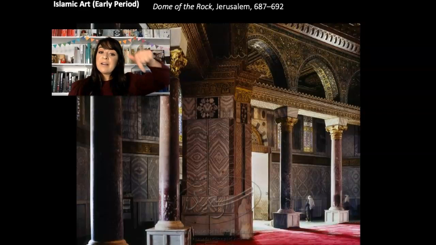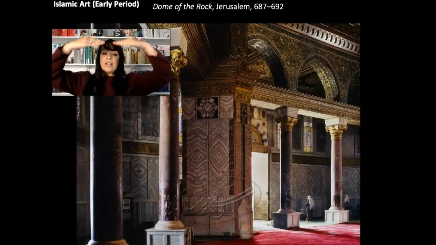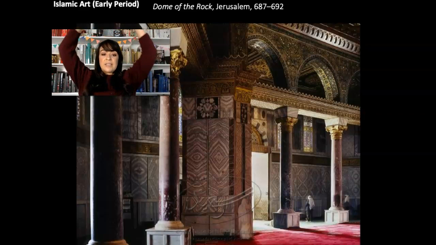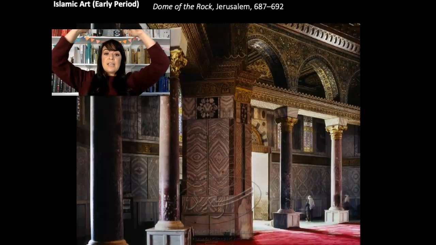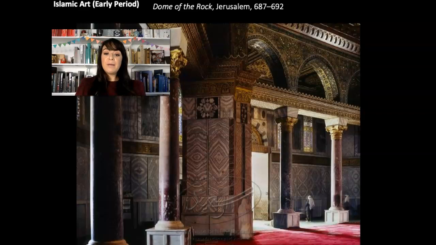This type of interior with marble veneer and then mosaic ceiling is something you see in Byzantine architecture. It's a very common interior decoration of Byzantine palaces and Byzantine churches.